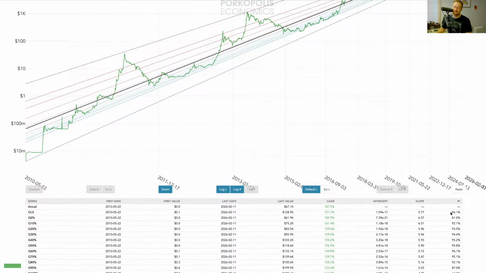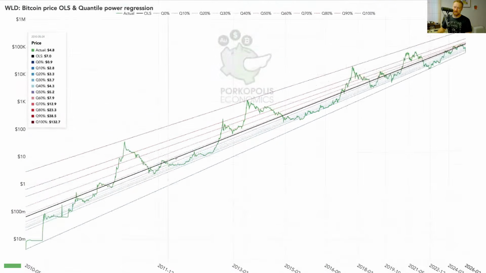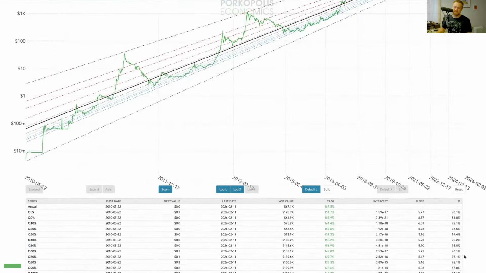You can see OLS here is 96%. Right, the main black line. And then you can see the others have different ones. All right, so the 0 with 81%, not that amazing. But as you get towards the middle, as you get toward the median, you get basically the same thing.